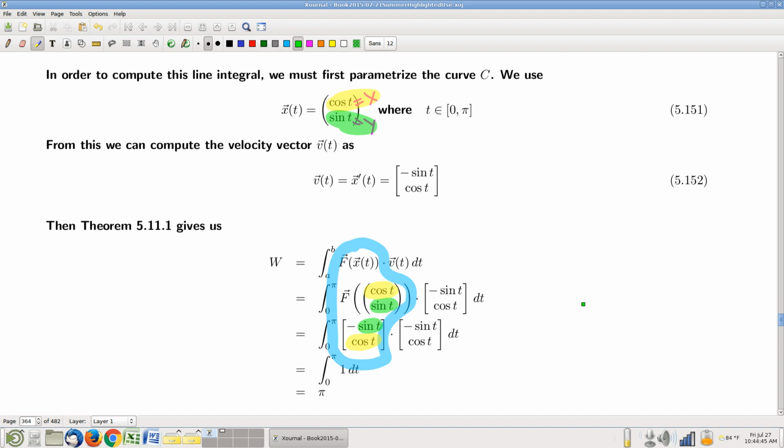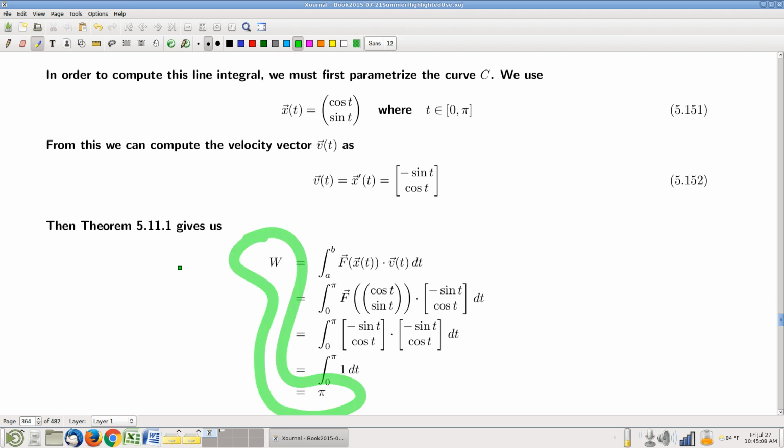It's easy to get it all backwards, so take your time, slowly and carefully, and make sure you get that right. It's easy to miss a negative or get the things reversed. Okay. And now we have a single variable integral. In fact, it's a really easy single variable integral in this case because of the Pythagorean identity. And there's our work calculation.